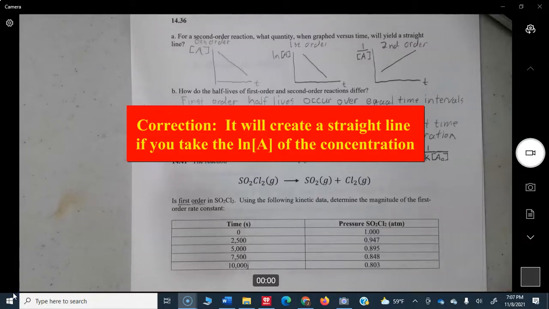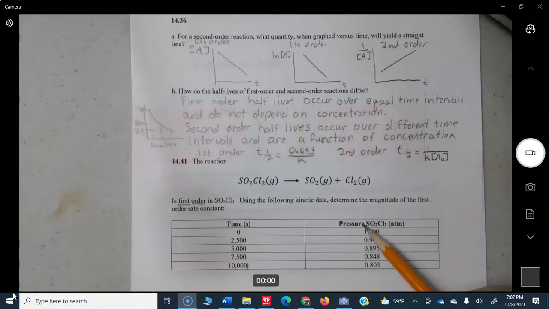Since this is first order, now we're dealing with pressure, but it's exactly the same as concentration, the square brackets. We don't see pressure in the problems nearly as much, but it's treated exactly the same way. If we take the natural log of these numbers, it should give us a straight line. And if we can then find the slope of that straight line, that will tell us the rate constant.